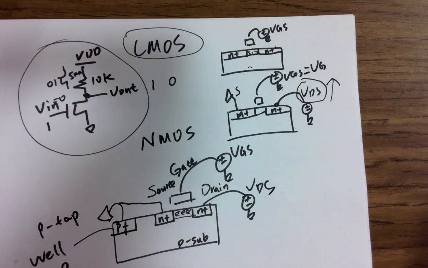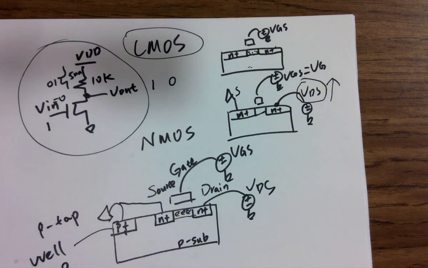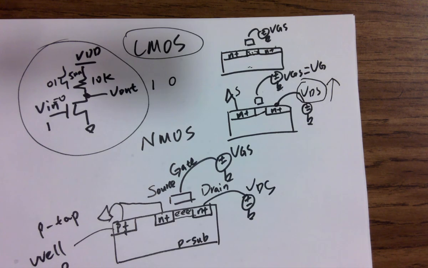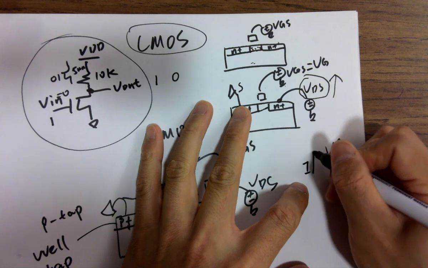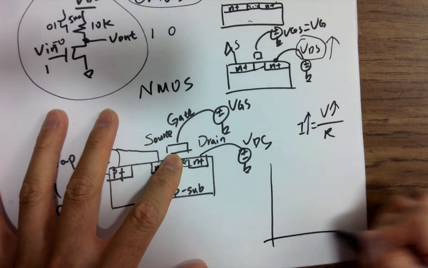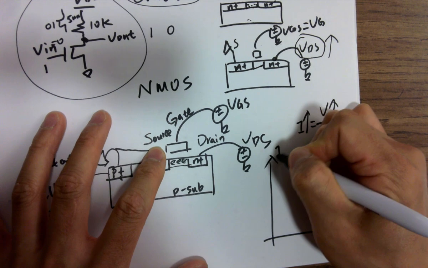It's still shrinking a bit, and whenever it shrinks you get fewer electrons, but ideally you are increasing the voltage here and the resistance is not changing. So the current will keep going up. If V is going up and R is not changing, then I will go up. That makes sense, right? It's going to be linear. So what's happening at the very beginning is, when this is VDS, for example, and this is IDS.